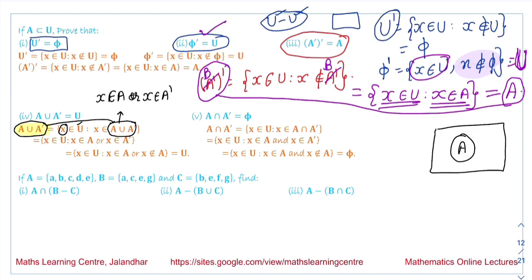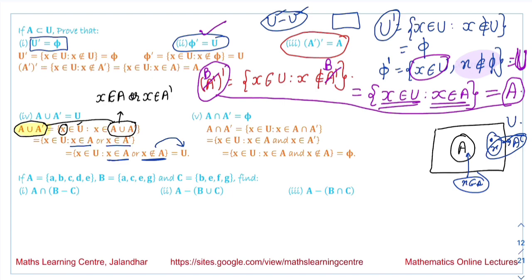Either x will belong to A complement or x will belong to A. Both x will belong to one of these two regions. So x belongs to A or x belongs to A complement. It means x belongs to A or x does not belong to A. Combining these two results, we get that this is equal to the universal set.